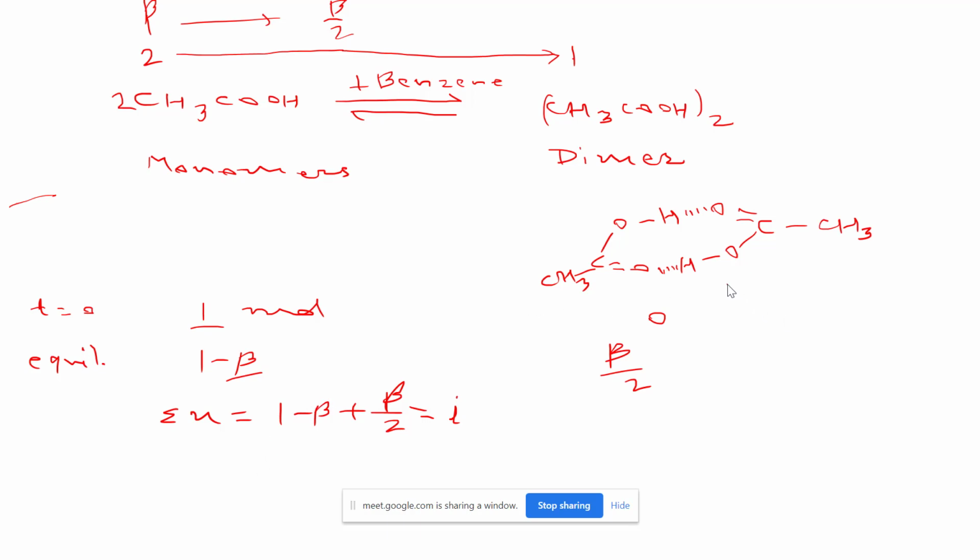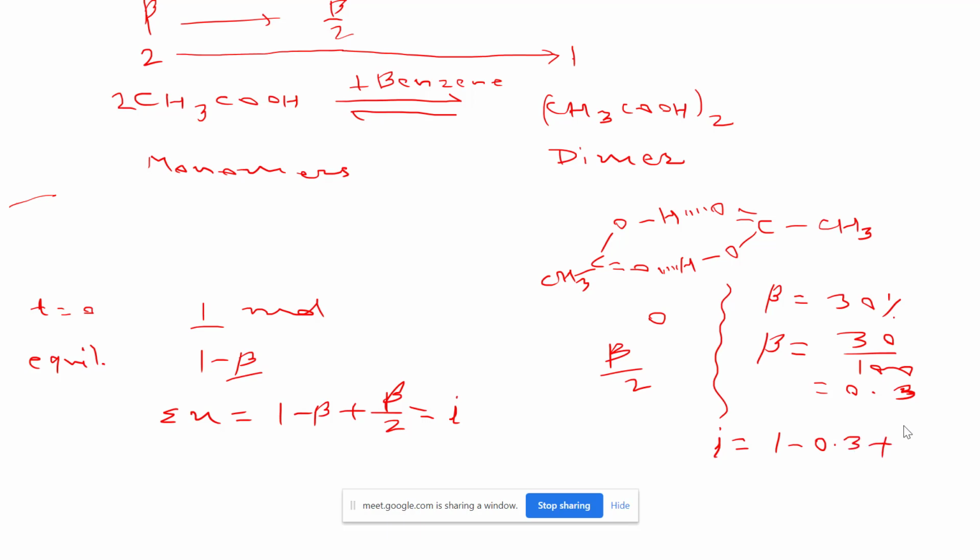Now suppose the degree of association, or degree of dimerization, of acetic acid in benzene solvent is given as 30%. Then the value of beta we take here is 30 upon 100, which is 0.3. Now the value of i will be 1 minus 0.3 plus 0.3 by 2.